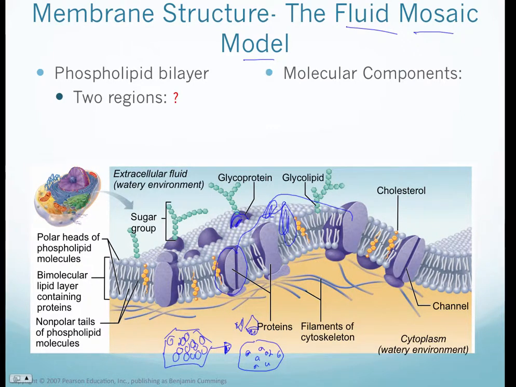Basically, that means you have your protein that can be integrated within your plasma membrane, or it can be a surface protein like this one over here. And you have all of these glucose chains attached to them on the surface. You can also have glycolipids, meaning sugar groups attached directly to your phospholipids. Then here is that cholesterol, and cholesterol is needed for that membrane fluidity.